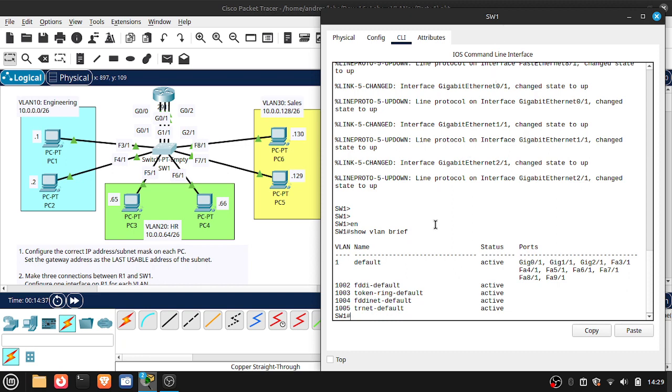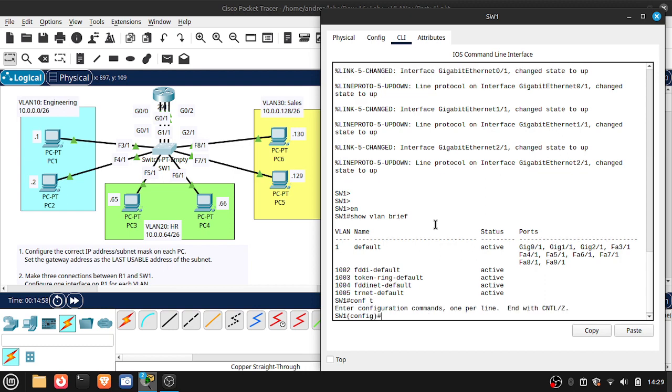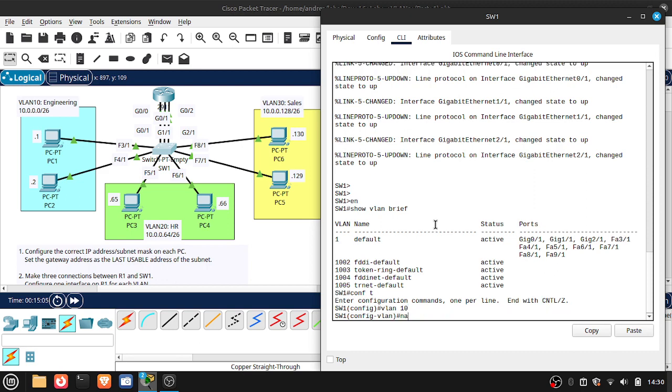To do that, we just need to go to global configuration mode. And now, yes, vlan 10, name engineering.